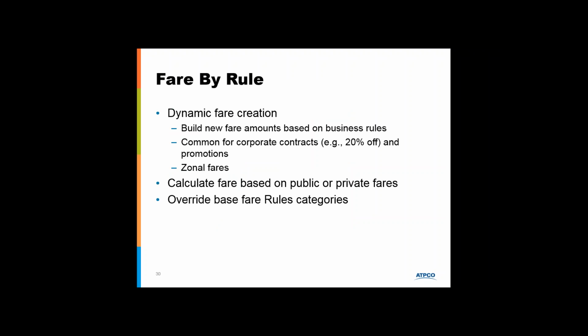So they can do calculations and create fares as well in different markets, what we call zonal. So these could be multiple origin destination cities. They can create for themselves mileage-based fares based on how far travel occurs. This would be the amount. So it's one of the most widely used categories by airlines.